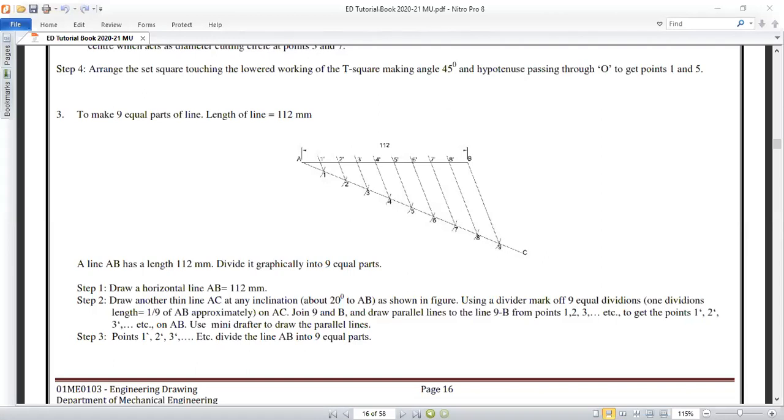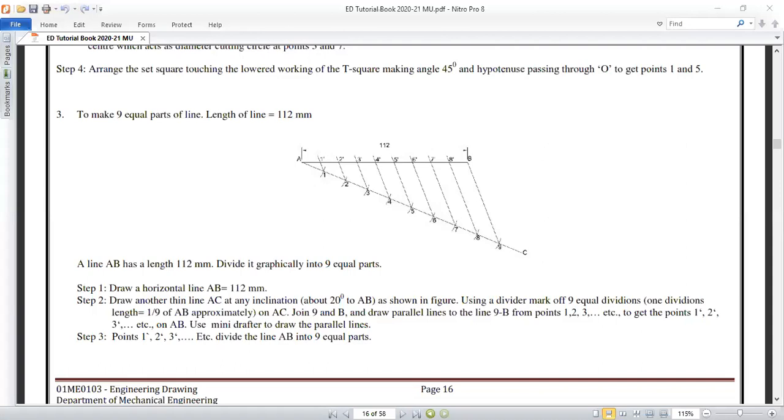20. Use point 3. Again mark it on point 3. 40. Mark one point. Go further. 50.